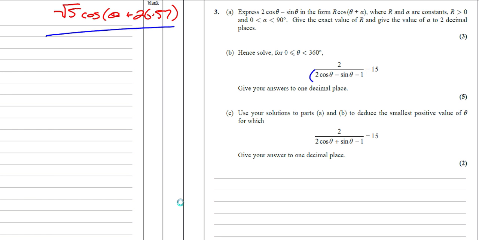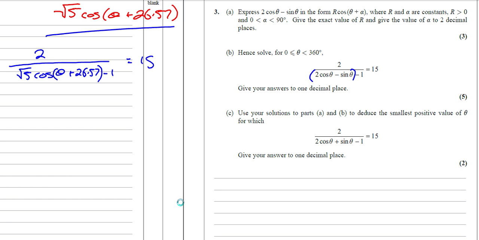So we're going to replace this thing with that. We're going to write that as 2 over, instead of this thing I'll put in brackets over here, we're going to replace that with root 5 cos(theta + 26.57). You've got a minus 1 on the end.